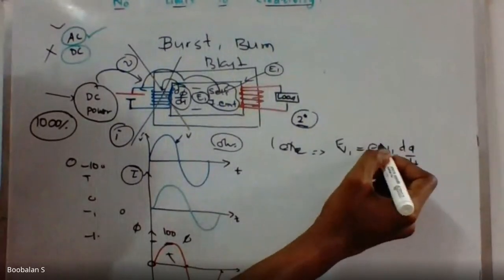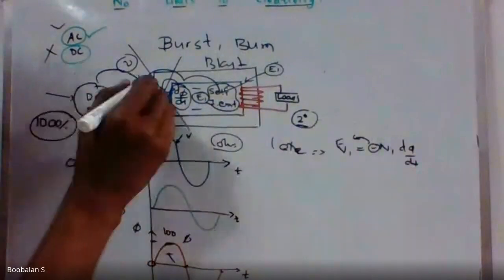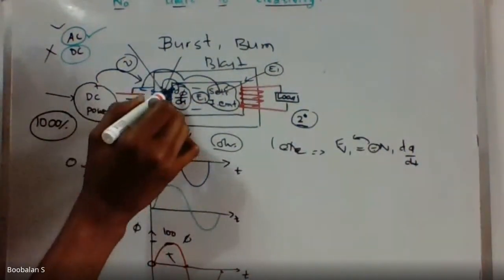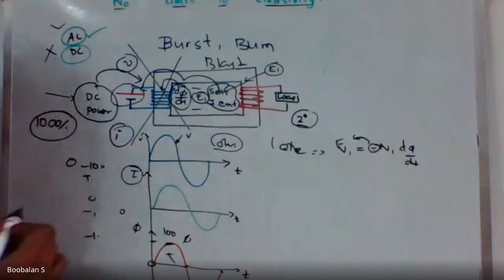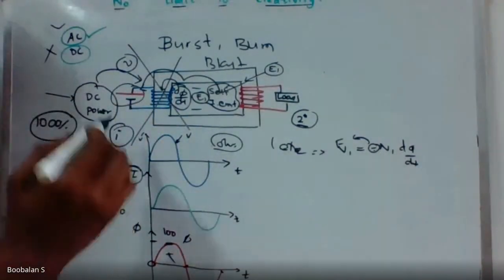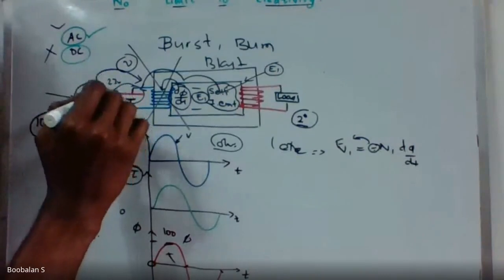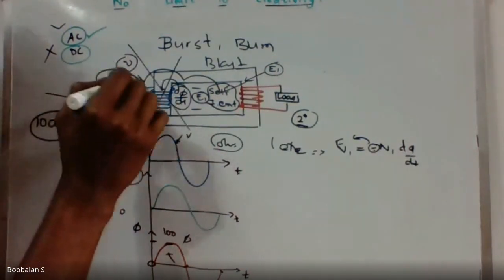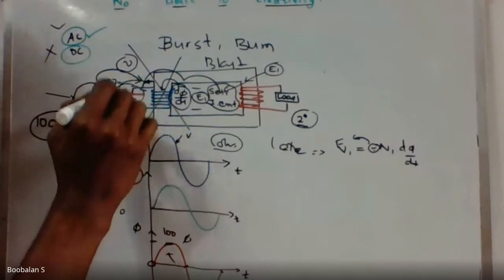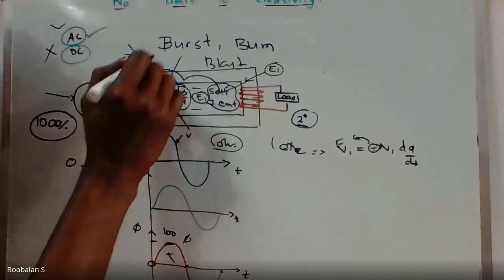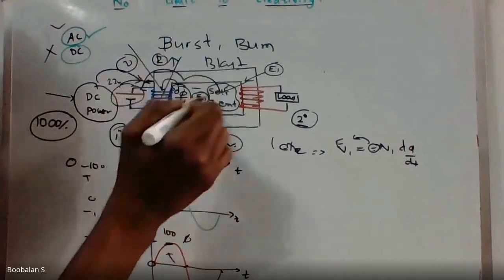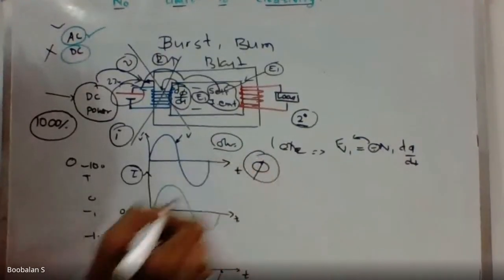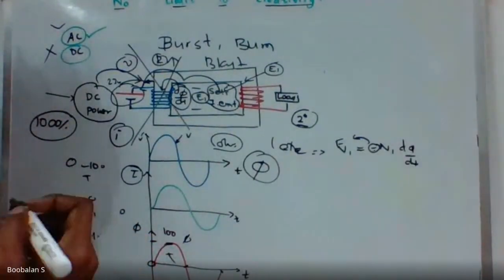The minus indicates that it is now opposing the input voltage, right? So the minus indicates that the induced EMF is going to oppose my applied voltage. So even if I give 230 volts here, the input voltage goes in, and the induced EMF is now going to oppose this. So in the total circuit the resistance will be somewhat very high, but that opposing force is now converted into flux lines. So nothing is going to happen here, right?